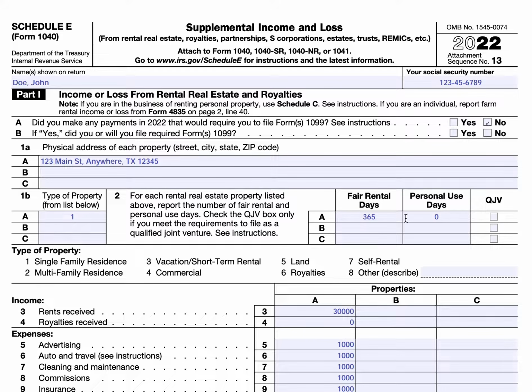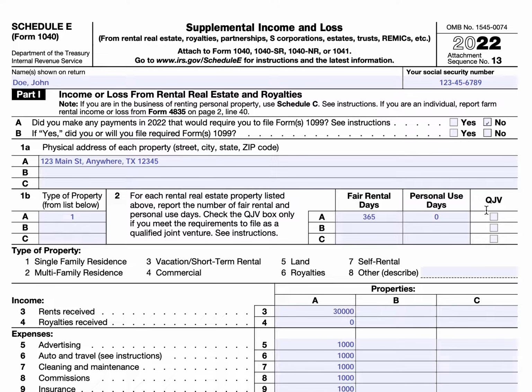In line 2, you're going to report for each property the number of fair rental days versus the number of personal use days. Now, the reason we'll do this is because there are certain tax treatment differences based on your answer. So we won't go too far into detail in this. For this tax year, for our hero John Doe, this property was completely rented for the entire year. He did not use this for personal use at all.